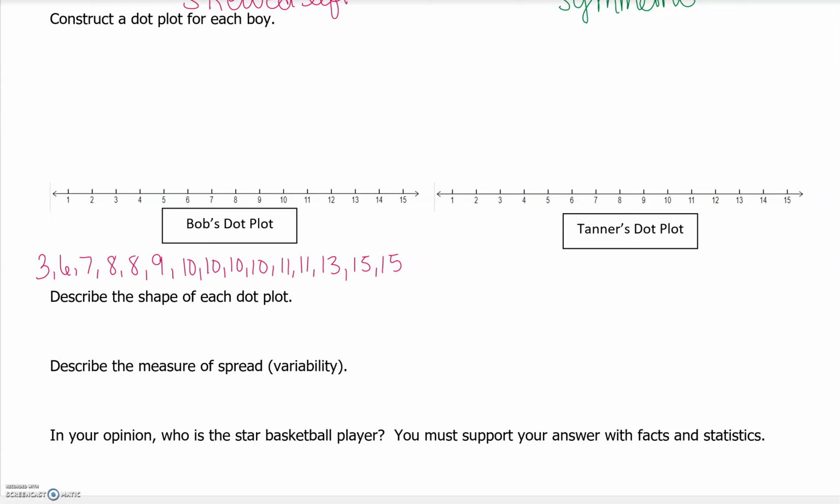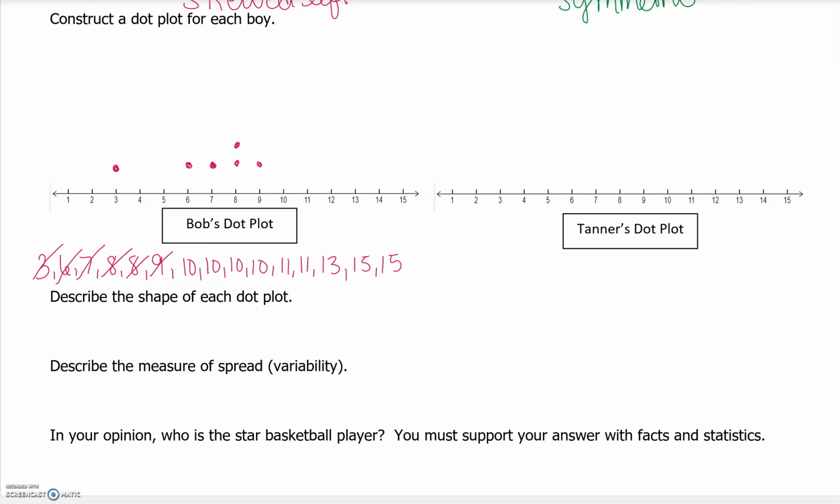So for instance, the first number 3, I only have one 3, so I'm going to put 1 dot for 3. The value 6 only has one value, so that gets 1 dot. 7 has 1 value also. 8, there are 2 number 8s, so I'm going to place 2 dots, stacked one on top of each other vertically. 9 has 1 value of 9.